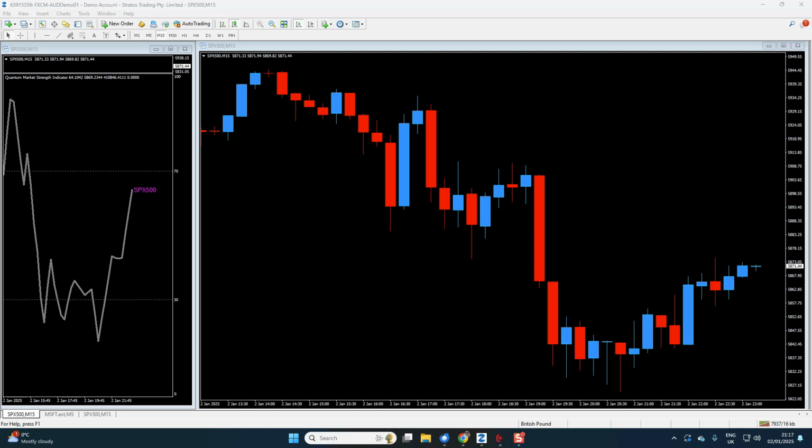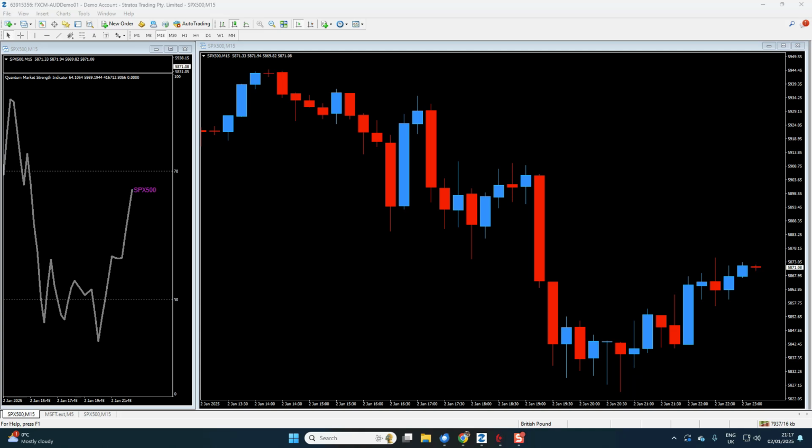What the indicator will give you a sense of is when a stock or an index future or an ETF, whatever it may be, or a commodity, has reached a point where it could be considered overbought, and equally where it could be considered oversold. And that's one of the key applications of the Market Strength Indicator.